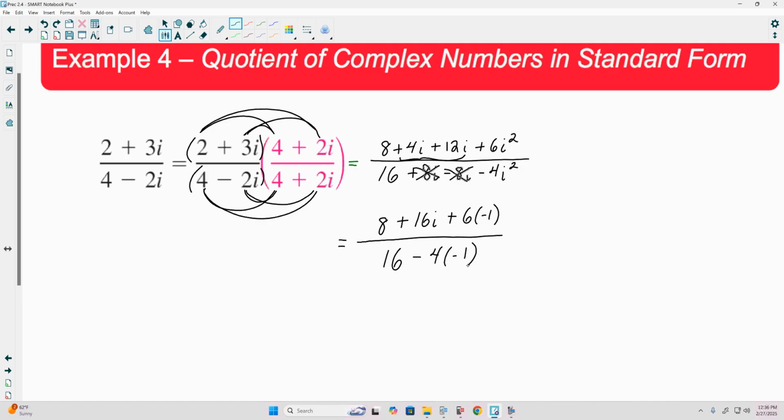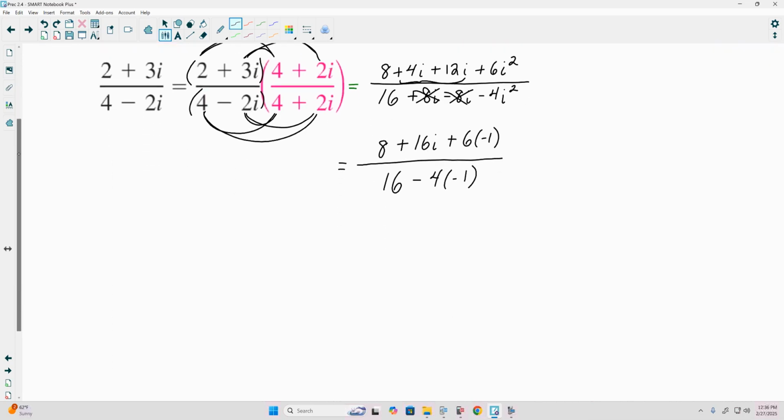And just like above, i squared is negative 1, giving us 4 times negative 1. So on bottom, that negative 4 times negative 1 is really just going to be plus 4. On top, we still have our 8, but our 6 times negative 1 is going to be negative 6, plus our 16i.